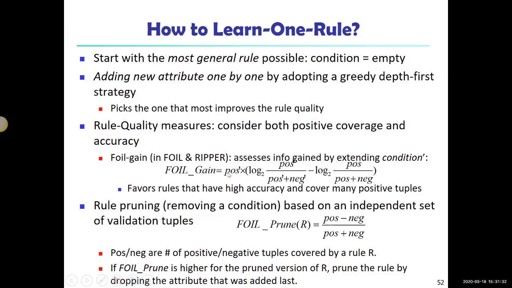And also we want this new one to have very good coverage. So we want a balance between coverage and accuracy. We want rules that have high accuracy, but also cover many tuples. So this is our rule quality. When we assess whether we need to add a condition to the current rule, we compute this FOIL gain to decide which attribute, which condition, is going to add the most to the rule quality.